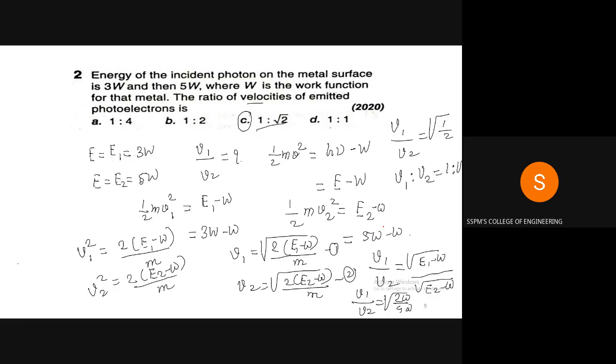Second, this third one, screenshot घ्या.